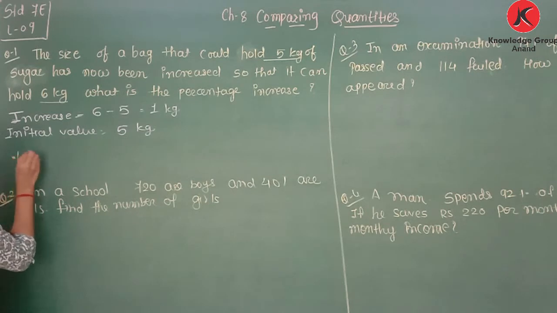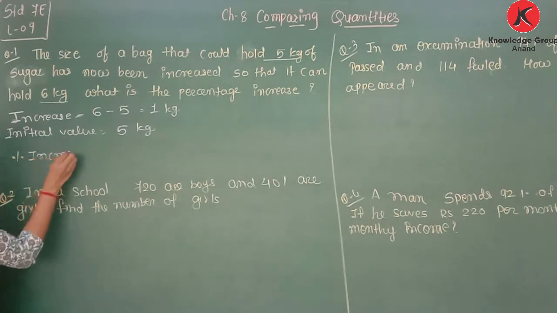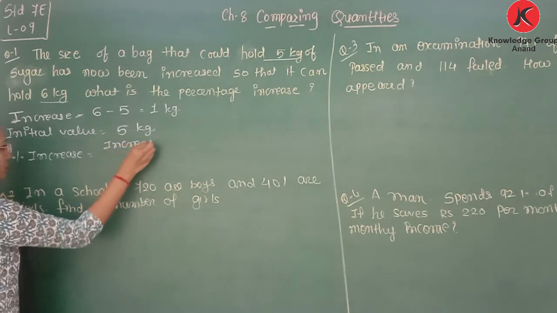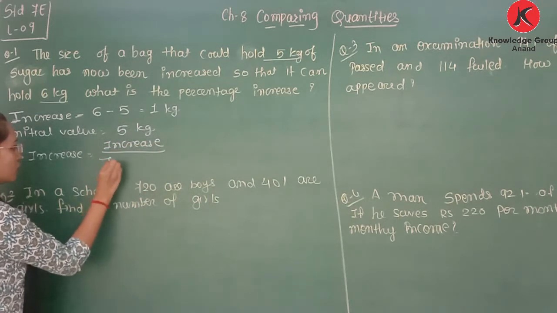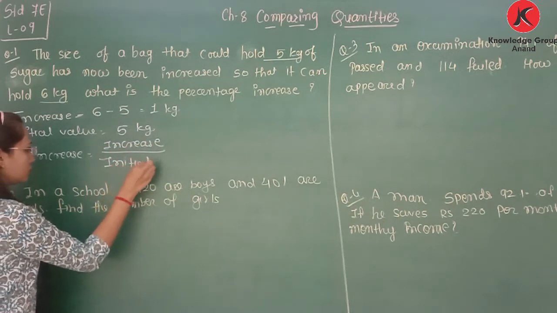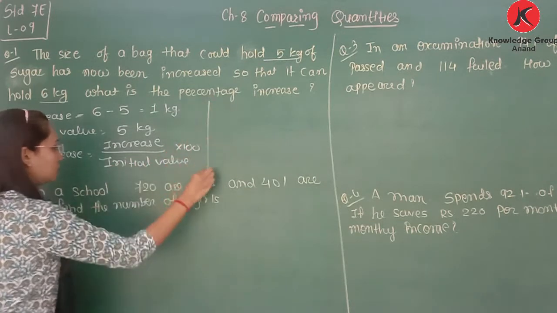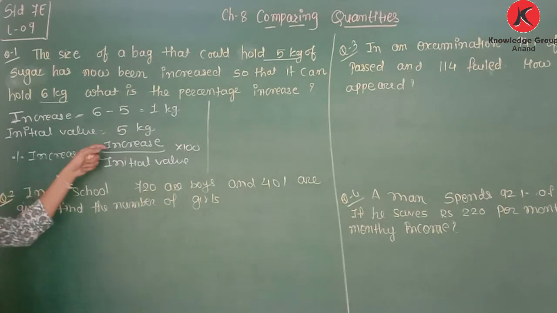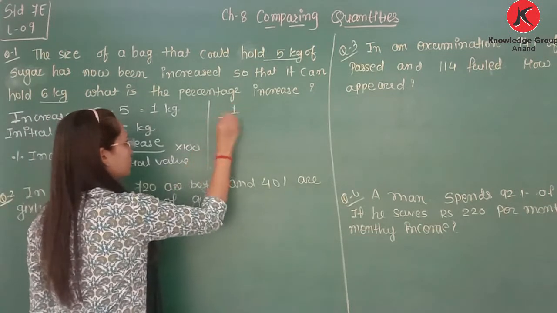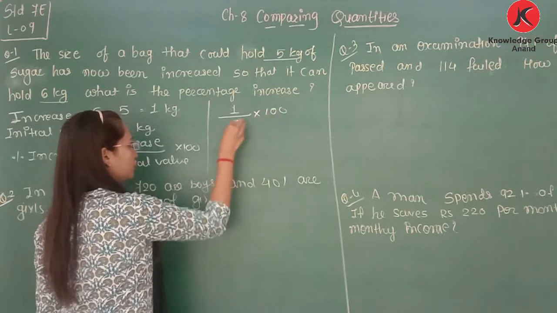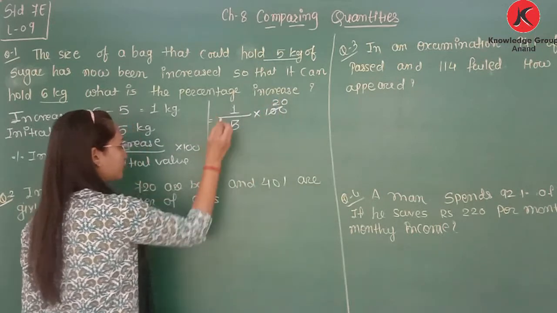So we can write percentage increase is equal to increase divided by initial value, multiplied by 100. So increase is 1 kg, initial value is 5 kg, multiplied by 100, that is 20.